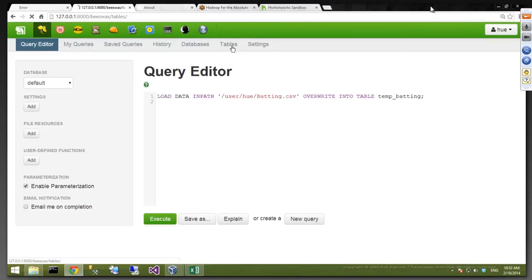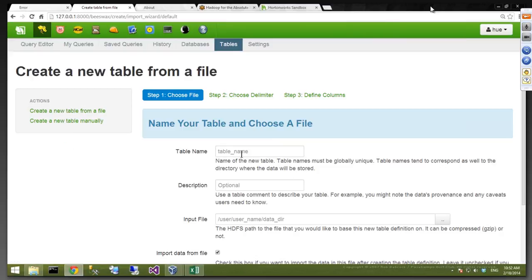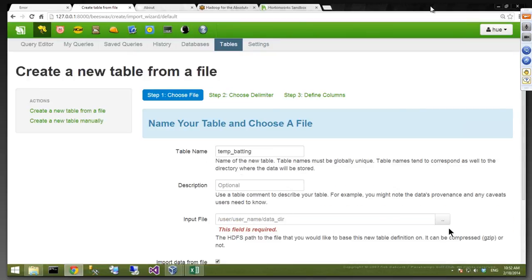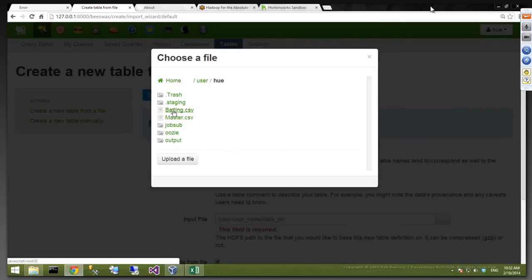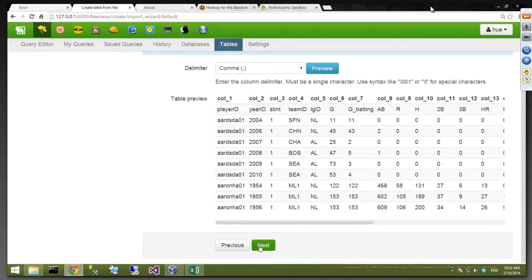Maybe what I should do is just bring it in from the file. So temp batting, input file will be batting CSV. Do next, comma delimited. That's fine, except I don't like these column names.